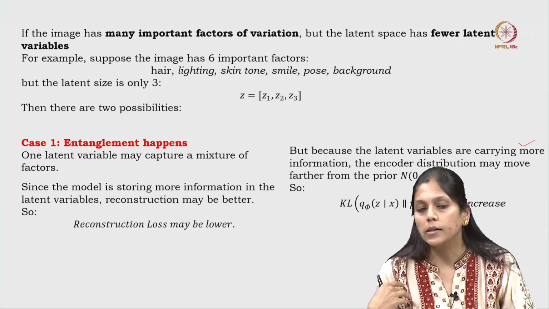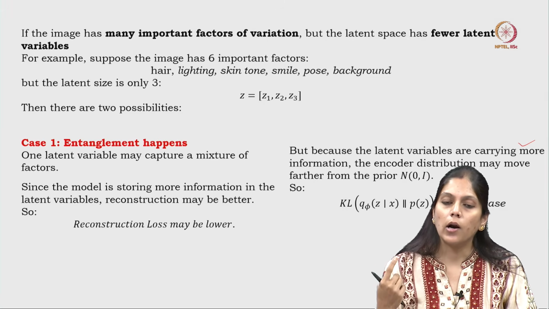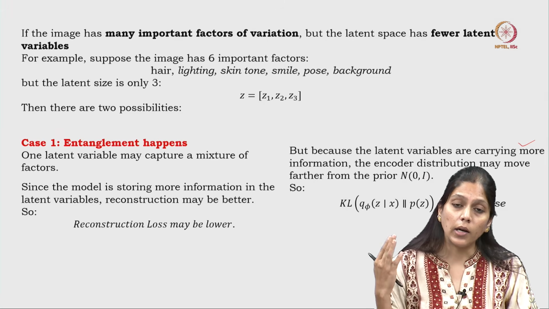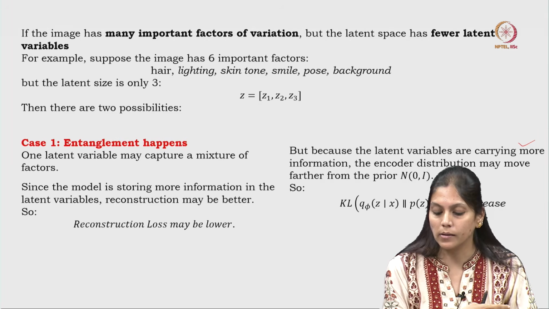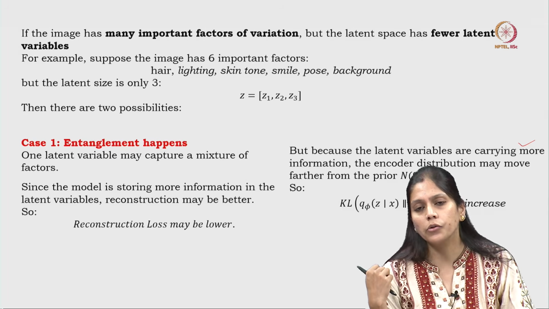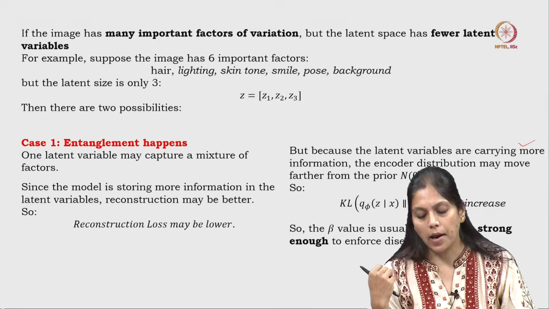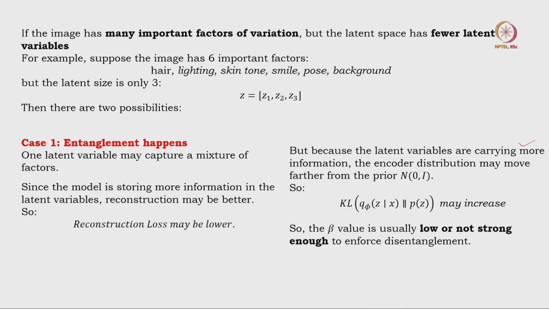If that is the case, is it not that the KL divergence value increases? We have seen this in 2 examples in the previous slide. The KL divergence value increases.